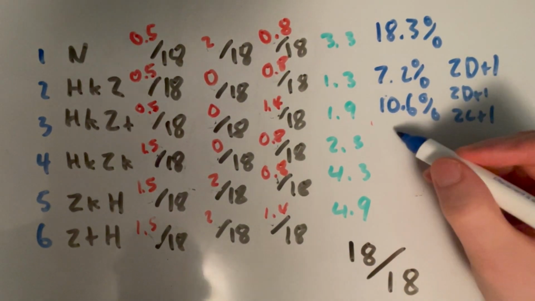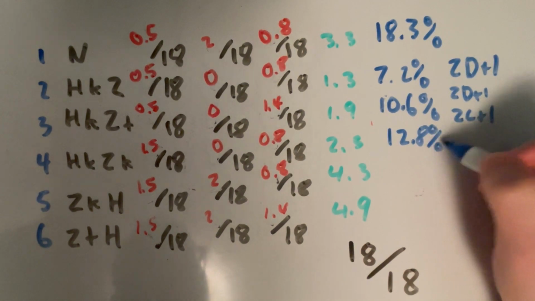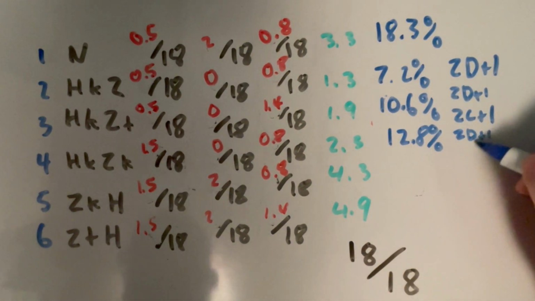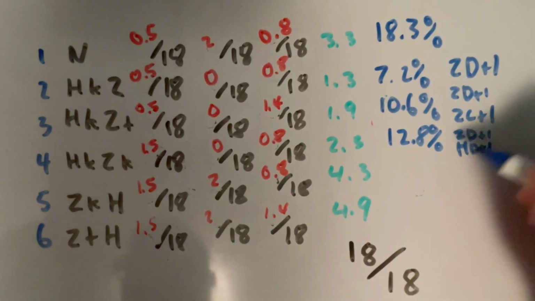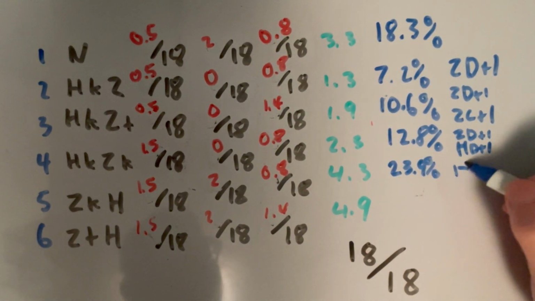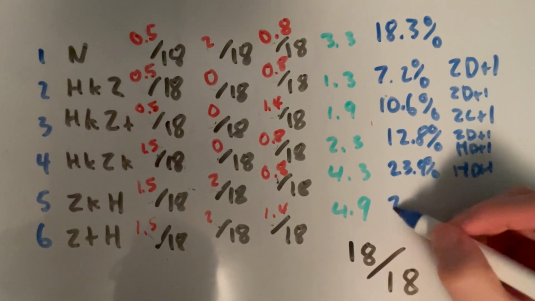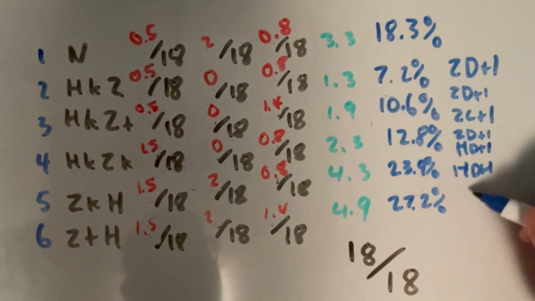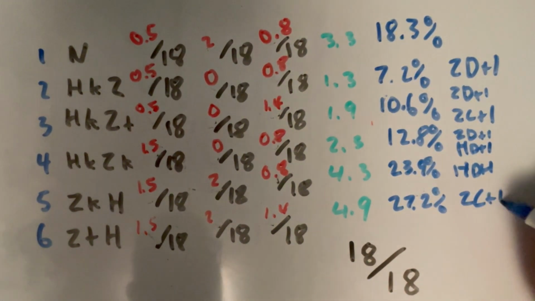Human kills zombie but is killed, 12.8% chance, zombie death plus 1, human death plus 1. 5. Zombie kills human, 23.9% chance, human death plus 1. 6. Zombie turns human, 27.2% chance, zombie created plus 1.